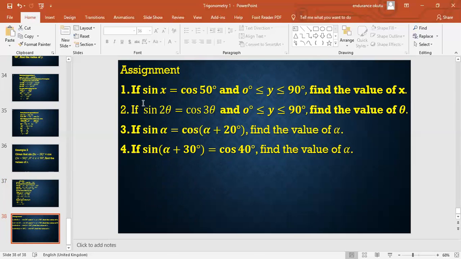Question 1: if sine x equals cos 50 degrees, find the value of x. 2: sine 2 theta equals cos 3 theta. 3: sine alpha equals cos (alpha plus 20). And 4: sine (alpha plus 30) degrees equals cos 40.